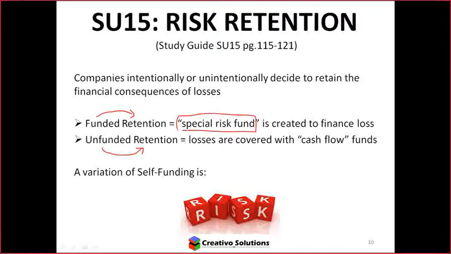Yes. So if we are going to self-fund these risks, we're going to have a separate fund for it, and that's a funded retention, a risk fund, because now we've created a provision for it. So have we self-funded the risk?